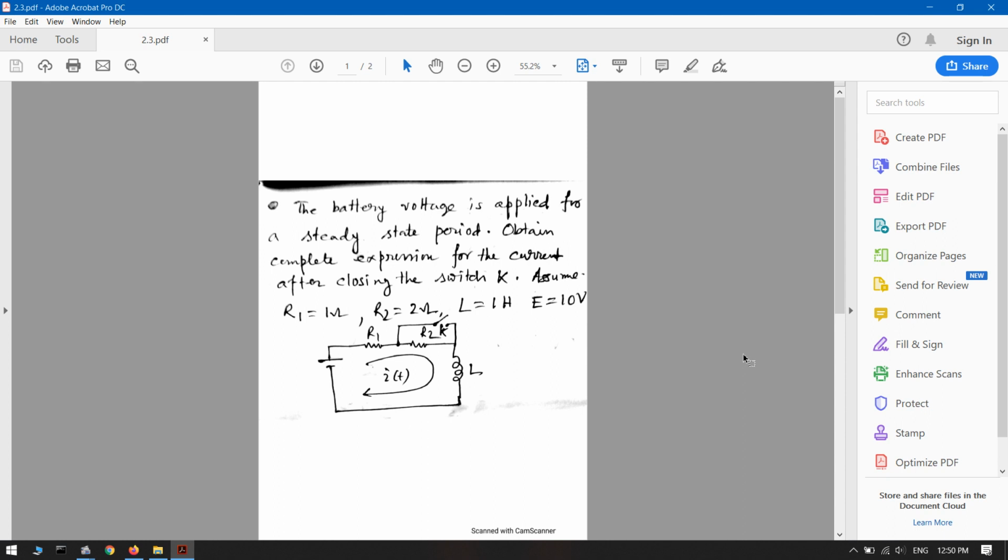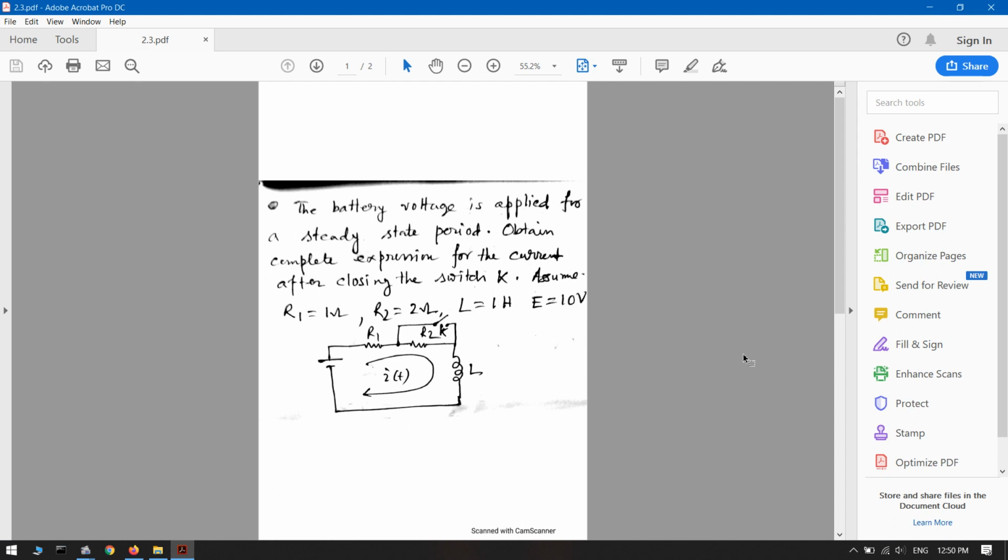Why 10 by 3? Because at t equals 0 minus, the capacitor and inductor behave as a short circuit, and the switch was open. So basically that current will be E by R1 plus R2.